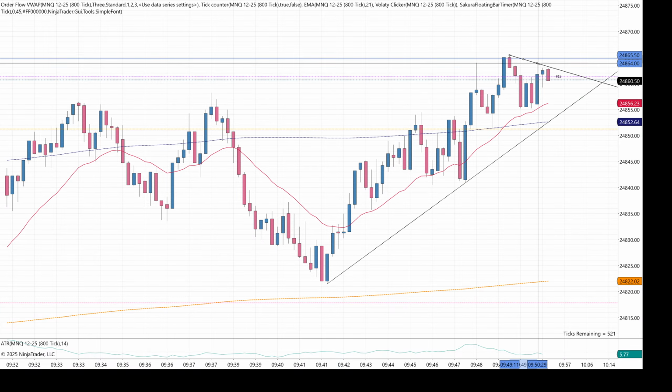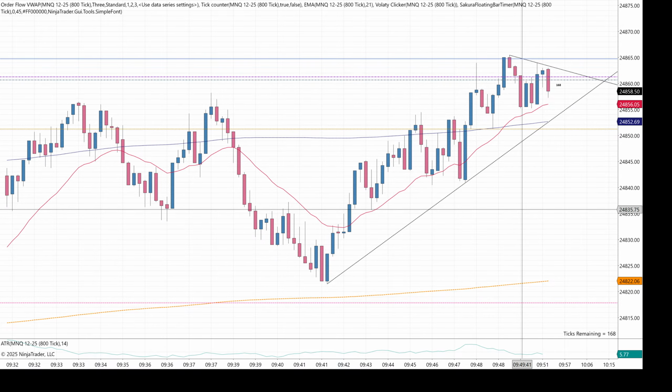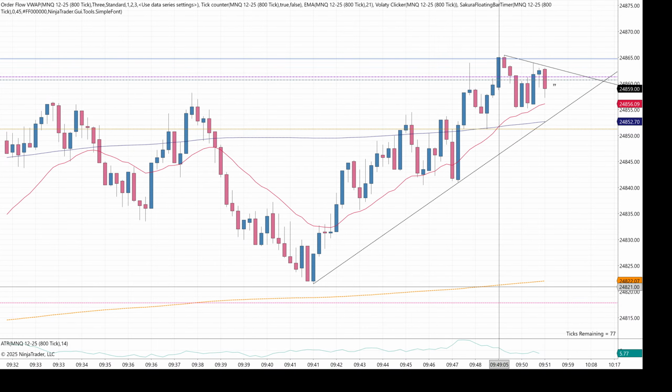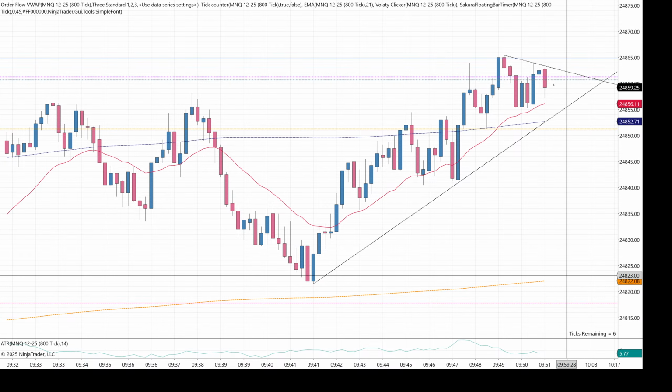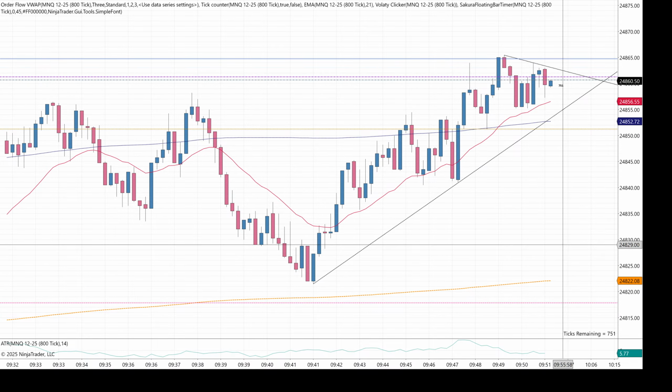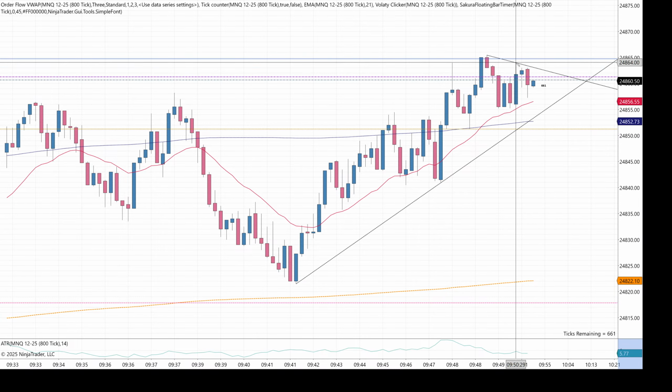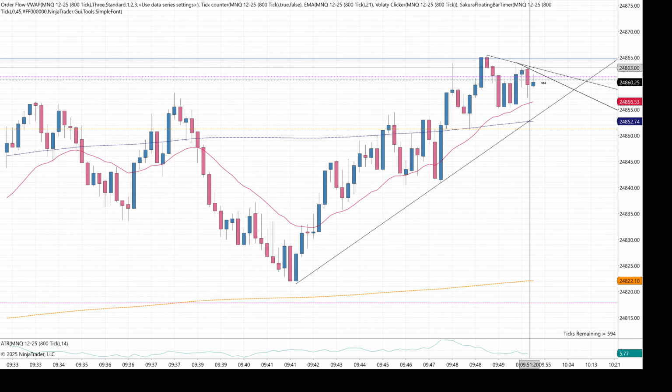We actually draw this trend line now. We have these two trend lines.